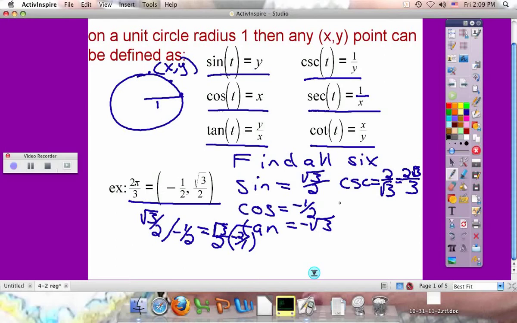Cosine, reciprocal, SEC, reciprocal, negative 2. Reciprocal of tangent, cotangent. And the reciprocal would be negative 1 over square root 3, which turns into square root 3 over 1, negative. Every single point can come out into 6 trig functions every time.